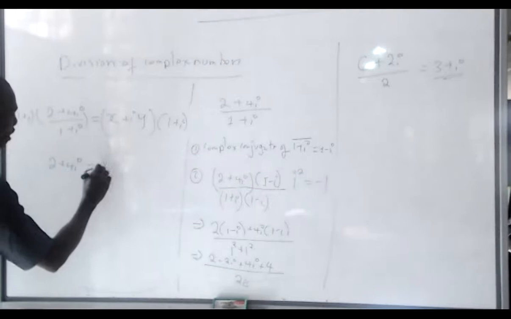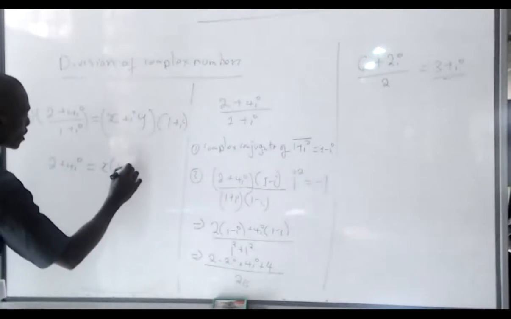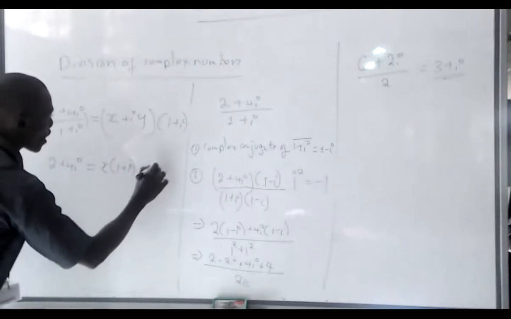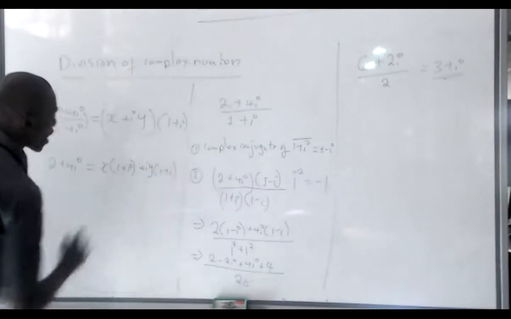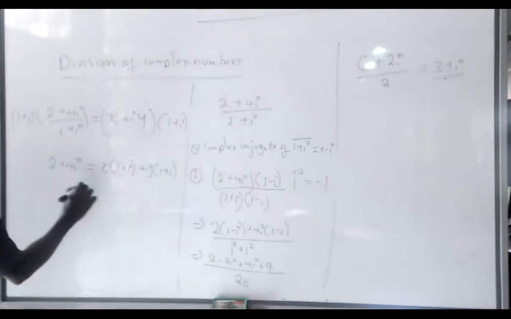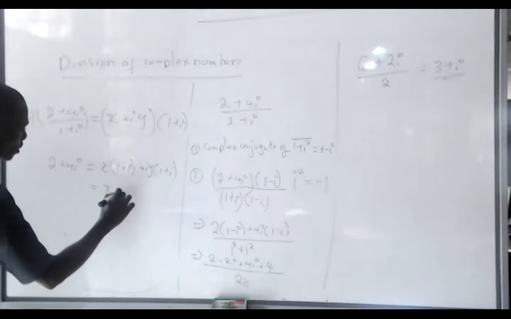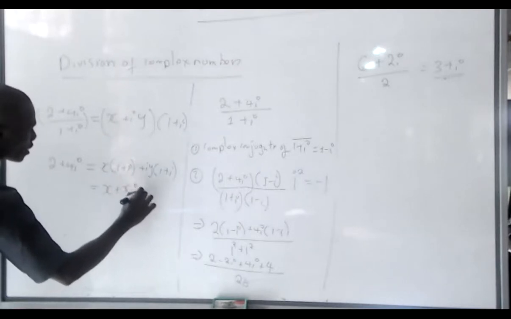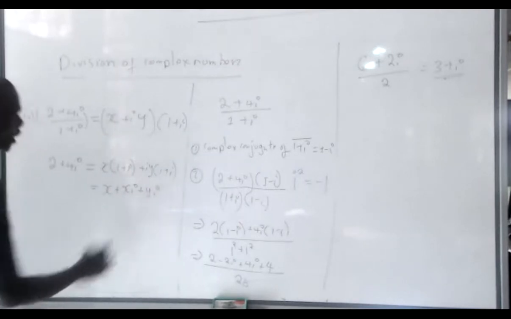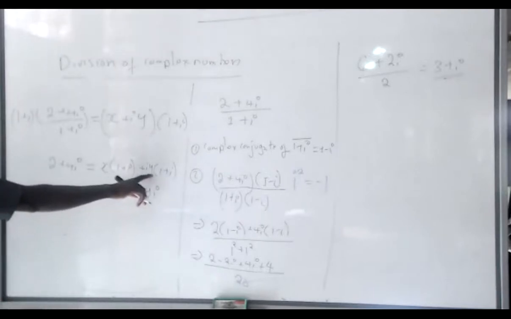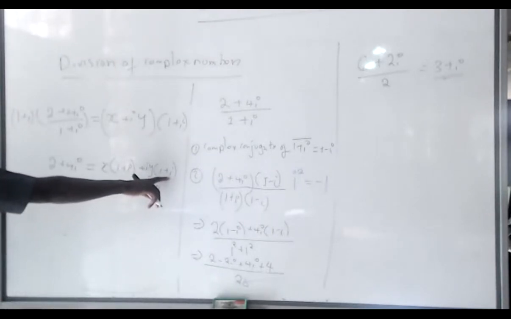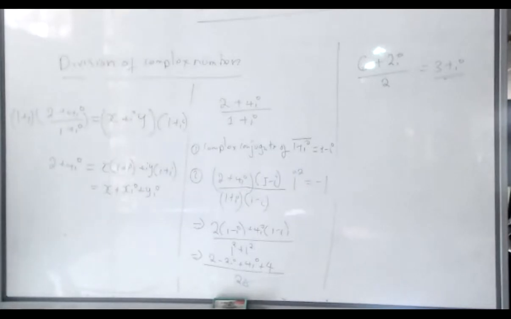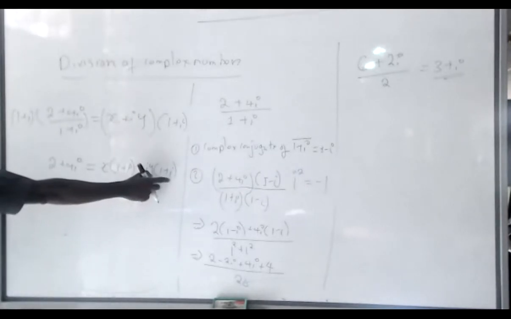So we have x into 1 plus i plus iy into 1 plus i. So this gives me x plus xi plus yi. And then there's an iy times i. What do we have here? What's the last term here?